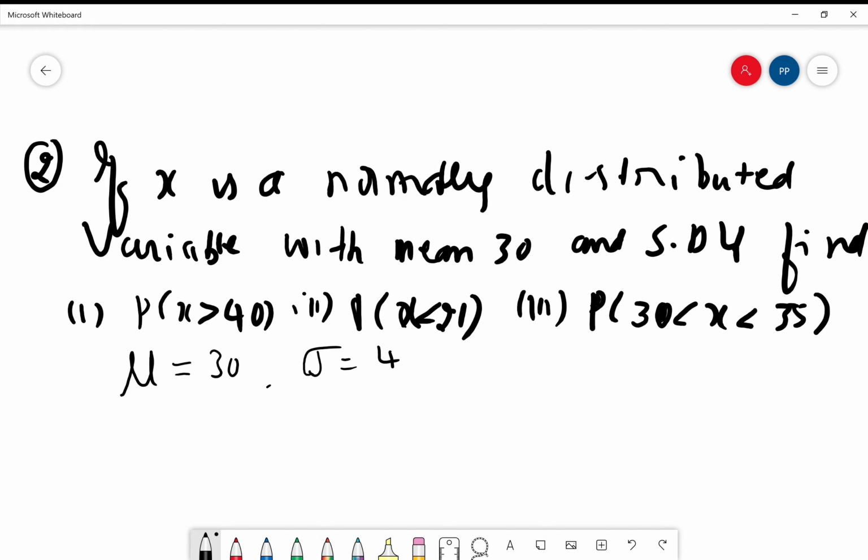As already explained in the general procedure, we always start with the substitution. The substitution is z equals x minus mu by sigma, and in this case mu is 30, so x minus 30 by 4. Okay, now let's consider the first one.